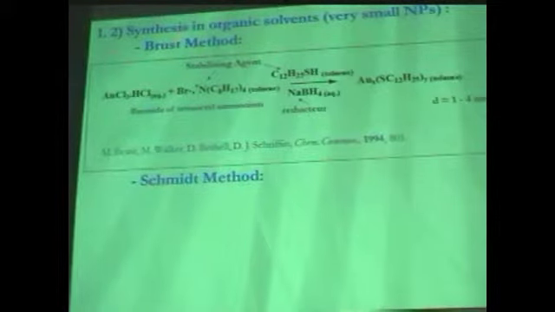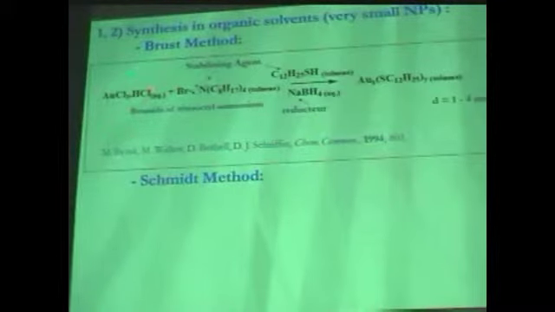The second synthesis of gold, in organic solvents, either by the Brust method or by the Schmid method, provides very small nanoparticles with very narrow size distribution. I show you two examples.